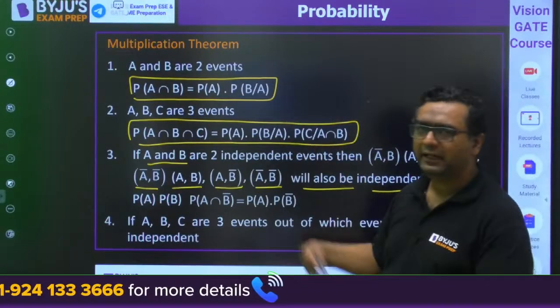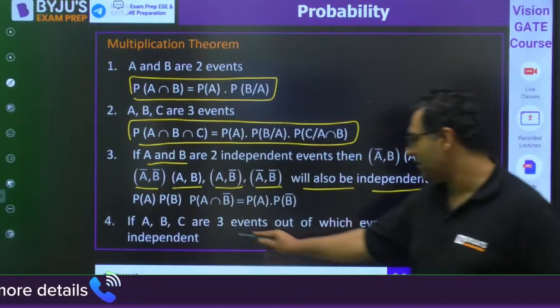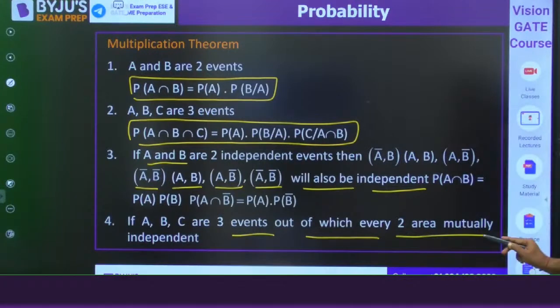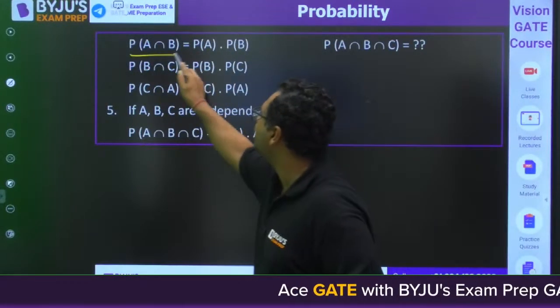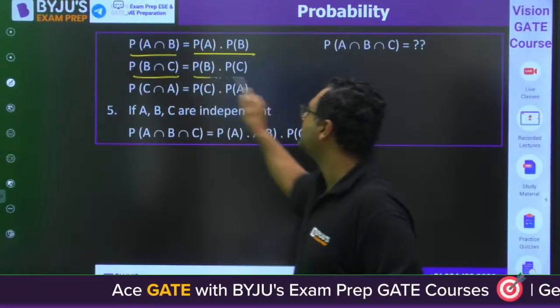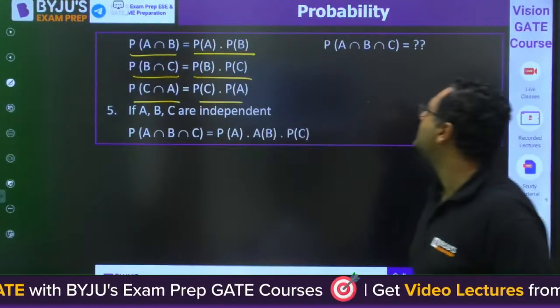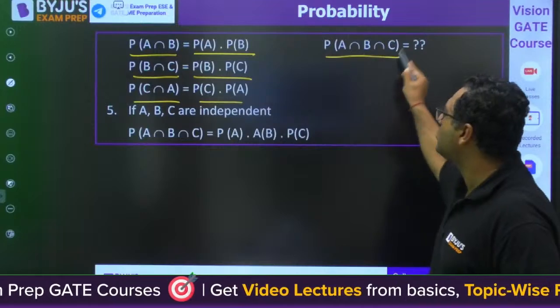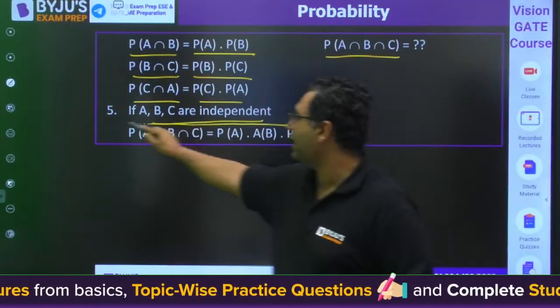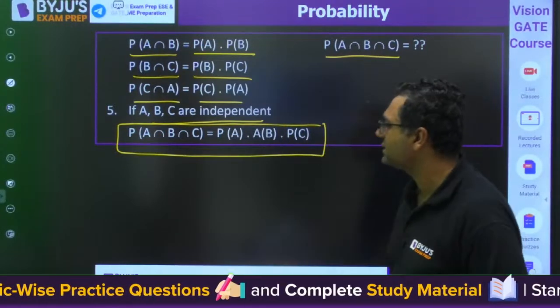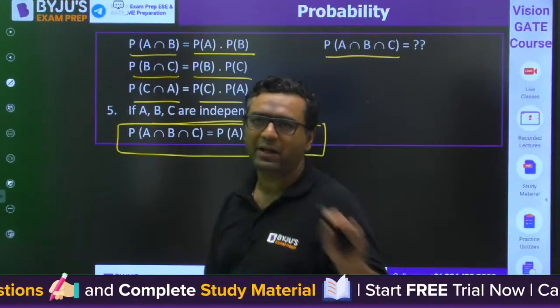This is just for recap. If A, B, C are three events out of which every two are mutually independent, then A intersection B is this, B intersection C is this, C intersection A is this. Okay, then this formula also I have given you. Then if A, B, C are independent, you can write like this. All these things have been discussed when I was teaching you independent events.